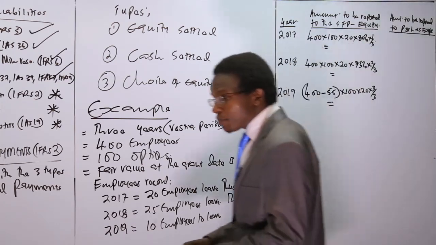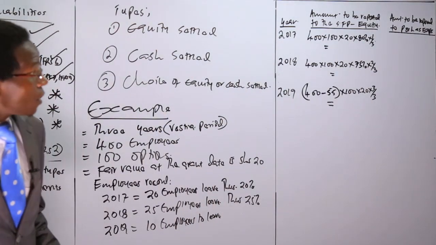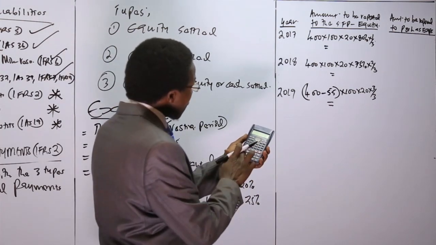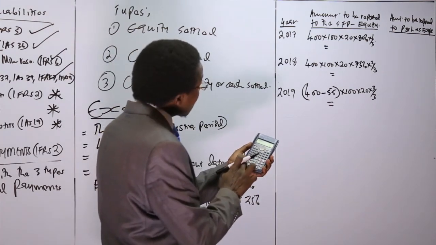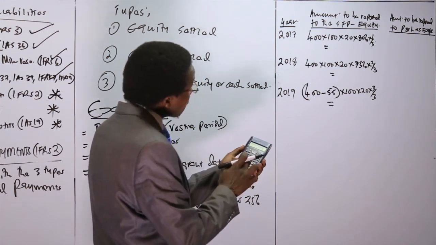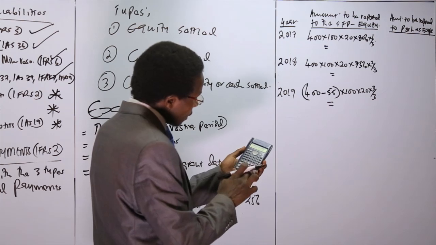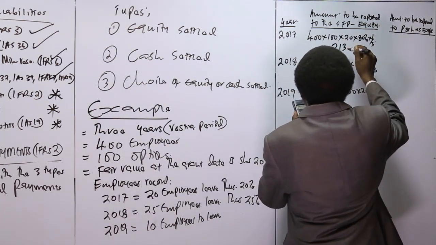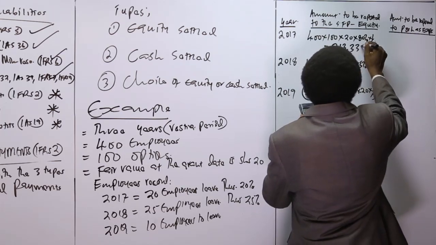So how much will that be? So I take my calculator, I come and say 400 by 100 by 20 by 1/3, then that is coming to 213,333.